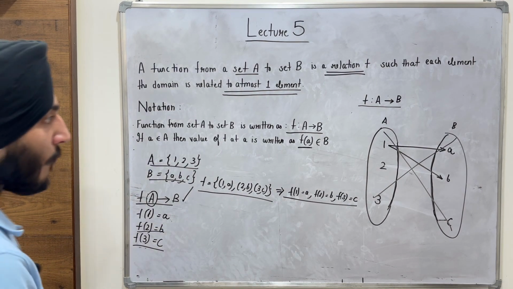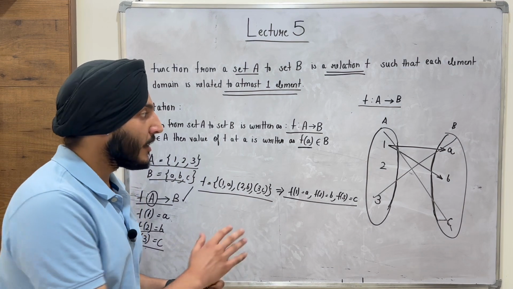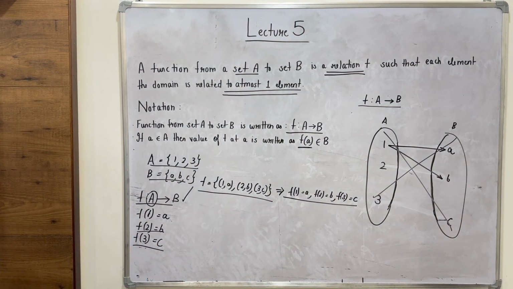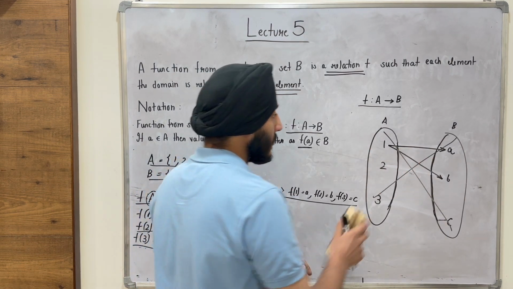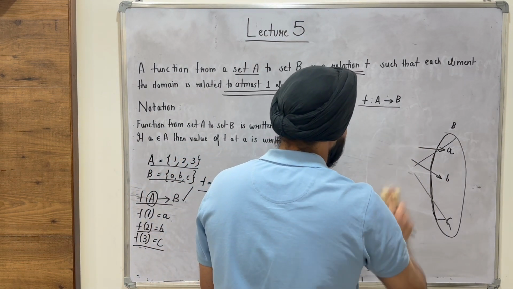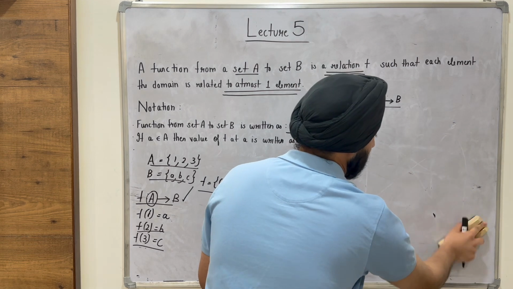Okay, before I move on, one more point that I need to tell you guys about functions is that while this is not possible, this would be an incorrect function, the other way around is possible, right?